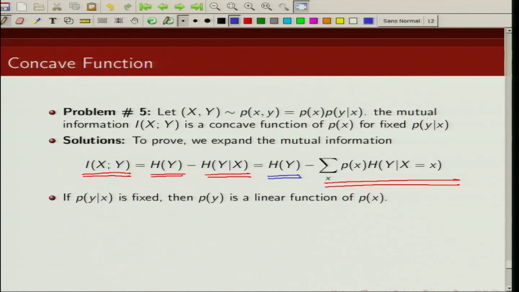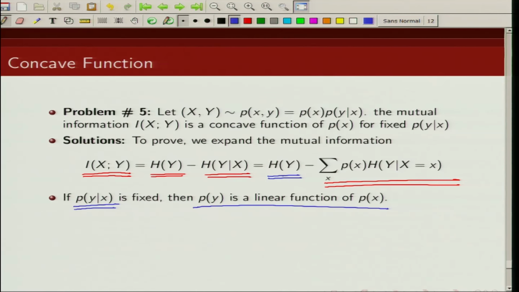Now we have already proved that entropy is a concave function of P of y. And what is P of y? If we fix P of y given x, then P of y is a linear function of P of x. And we know that H of y, the entropy function, is a concave function of P of y.